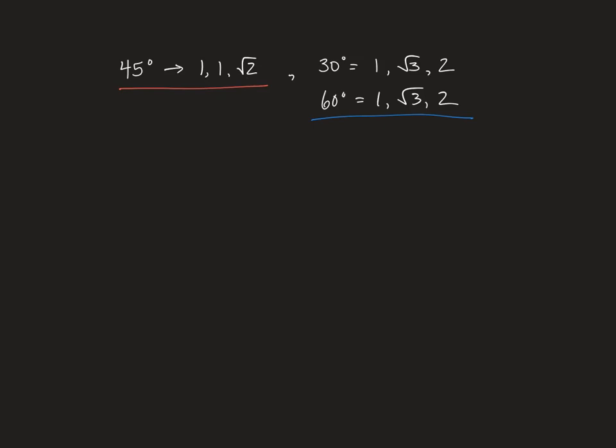And what I want to talk to you about is a little bit of a strategy, and it comes back to what we used when we dealt with solving using sine law and cosine law. You then have this 30-degree triangle and this 60-degree triangle.